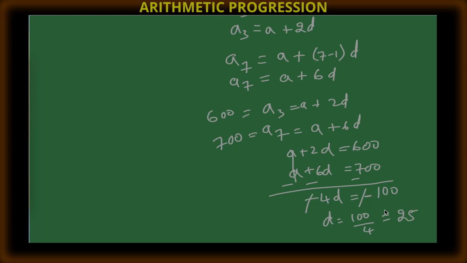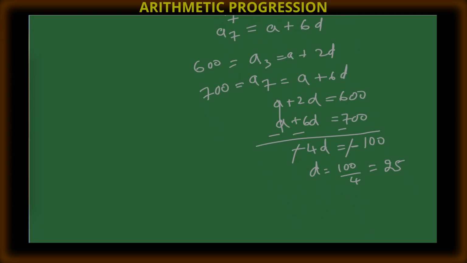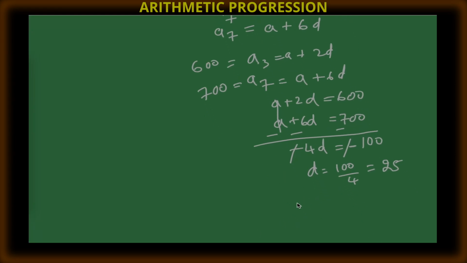So we know d. By knowing d, can we identify a? Let's take one of the statements: a plus 2d is equal to 600. d we know, so a plus 2 into 25 is equal to 600.